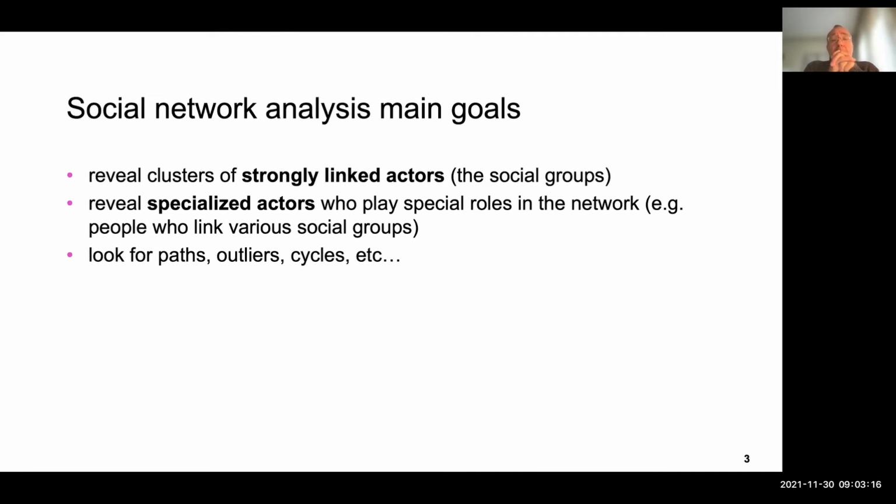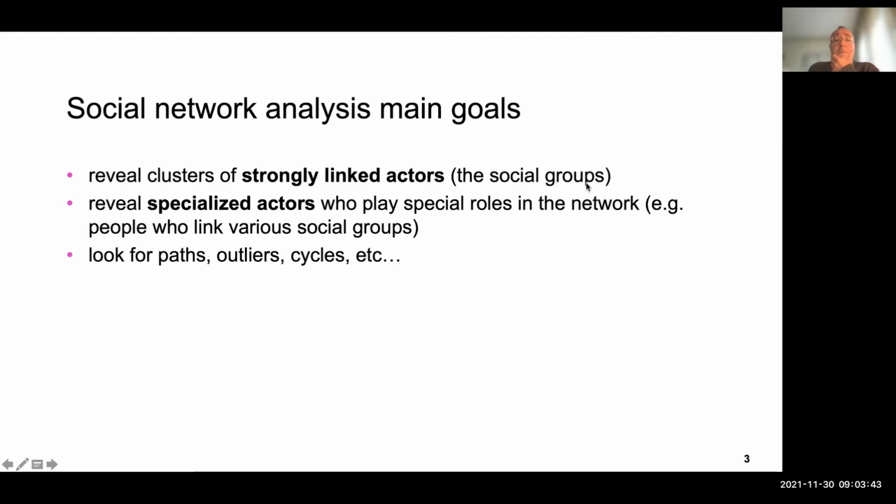Let's define what are the goals of social network analysis. Basically, what are you talking about? You're talking about Facebook. We're talking about tweets, or everything that is social today. And you're looking for clusters. You have actors, people involved in the story, and sometimes they are strongly linked.